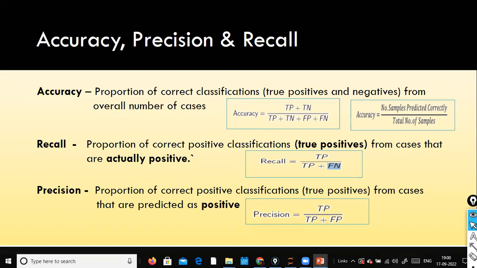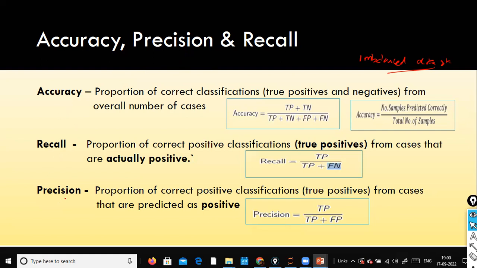That doesn't mean my model is doing well, especially in the case of an imbalanced data set. Remember that: with an imbalanced data set, you cannot rely on accuracy. And when can I go for precision and recall? When can I use these metrics?